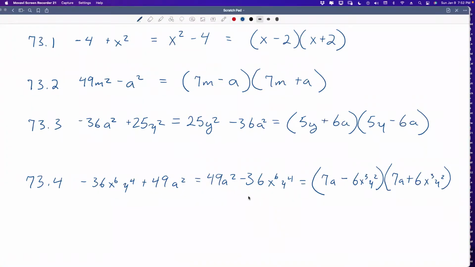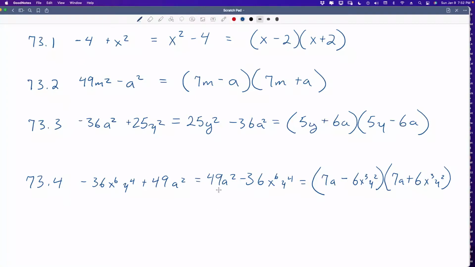So we just had to rearrange this just like the others, and it ended up being 7a minus 6x cubed y squared times 7a plus 6x cubed y squared. So you could see there is a pattern and a relationship here that we have to follow. It has to have the minus sign, and these have to be perfect squares.